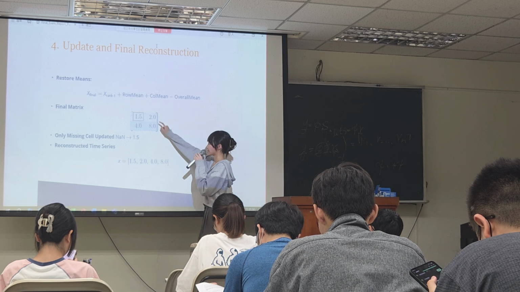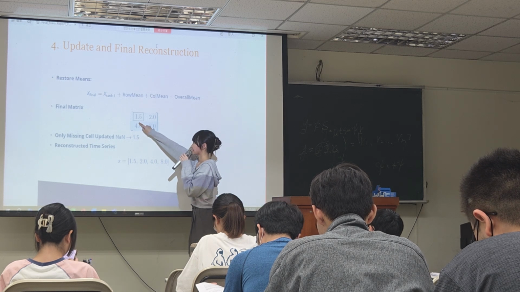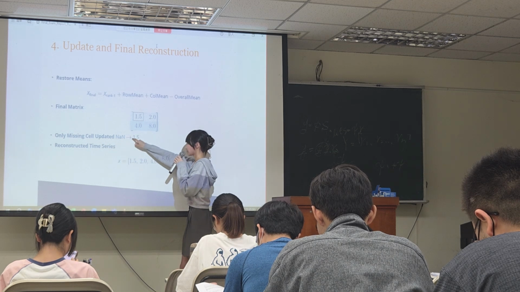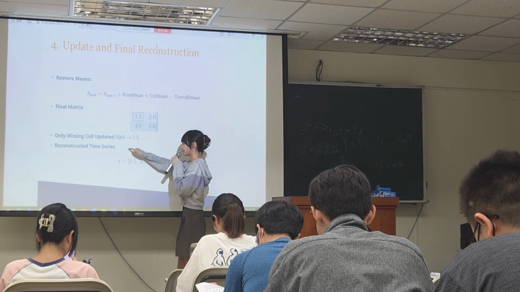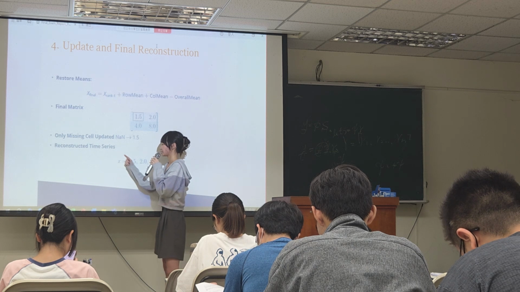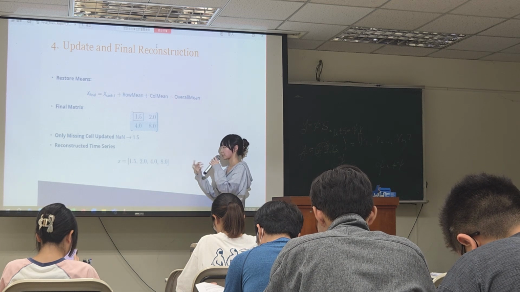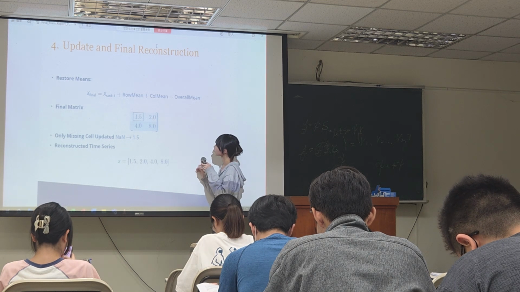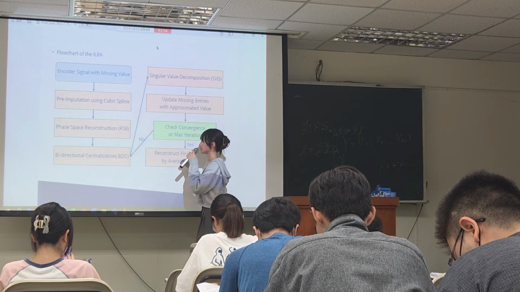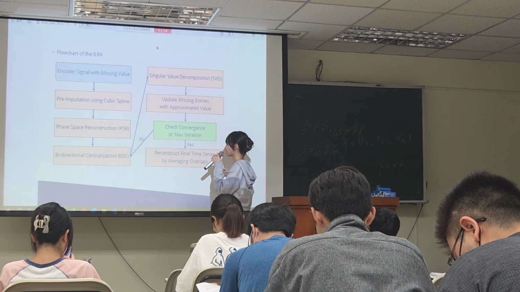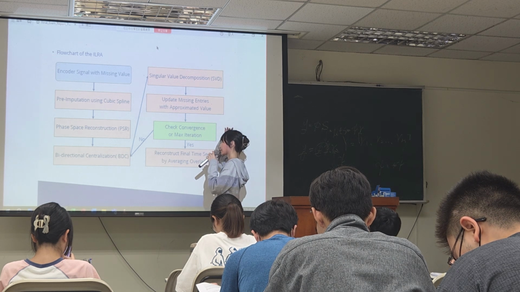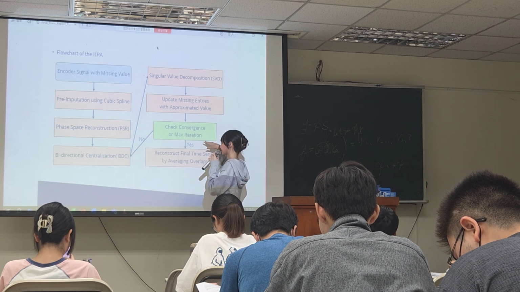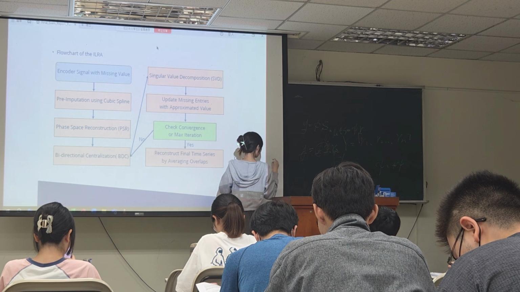And then we get this answer, and we update the missing cell. Only update the missing cell. Then we reconstruct the time series, using PSR to unfold the matrix. This is the flowchart of the ILRA, and we use relative error to check whether it is convergent or divergent.